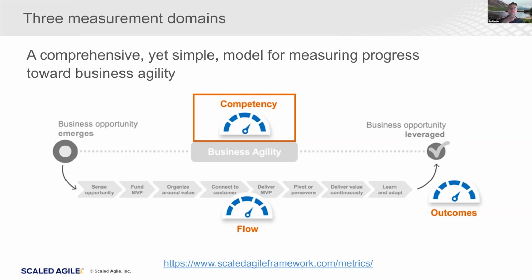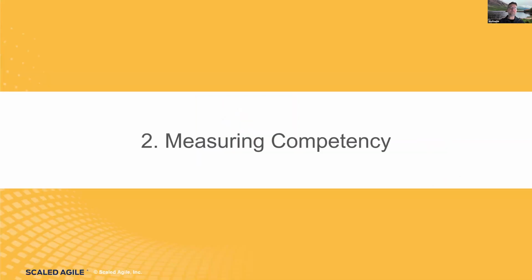Today, we're going to focus on the competency area and being able to actually measure the competencies of our organization and how proficient the organization is in those Lean-Agile practices that really help to enable that business agility. So how do we go about measuring competency within the framework then?